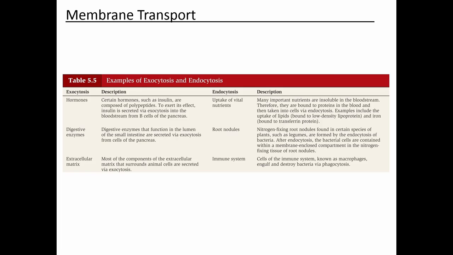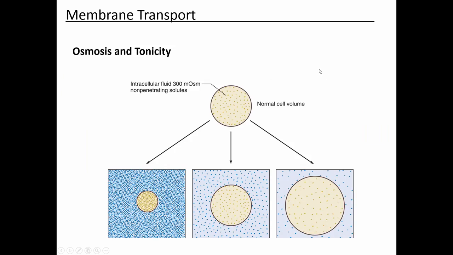Okay, so the last form of transport that we need to talk about is osmosis. This is something that you were introduced to in the lab. You did a whole experiment on osmosis. Osmosis is defined as the net diffusion of water across a selectively permeable membrane.